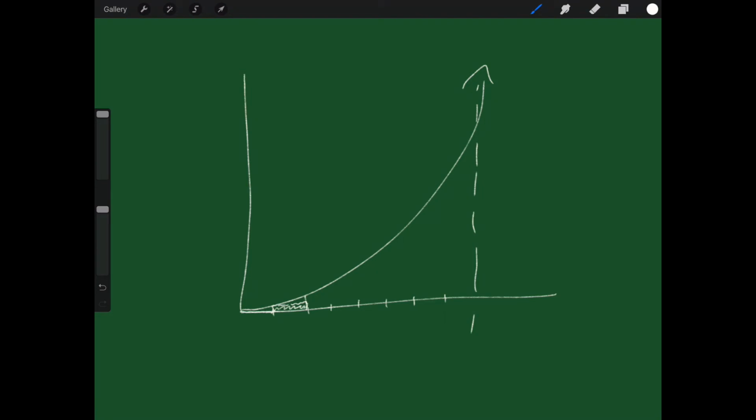Now I've got this rectangle, here, here, here, here, and finally here. And can you see, if you look at it carefully, that this is better than what we had before.